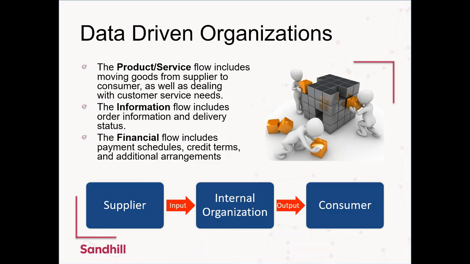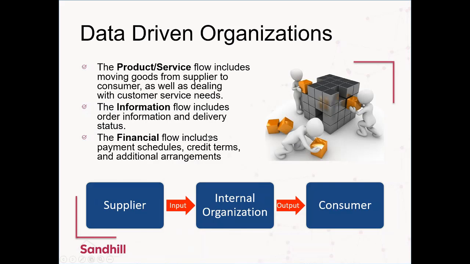But also the financial flows: when is the payment being made? What are the credit terms? What other financial information? When are the transactions going to be completed? So it's vitally important that we define what data it is, and we share that very well with our partners, and they know what they're expecting and when.